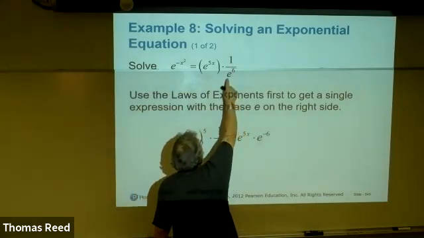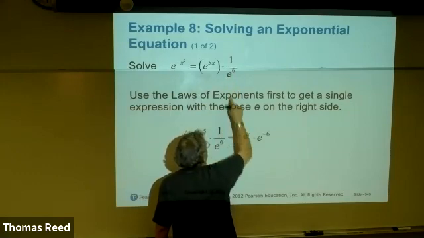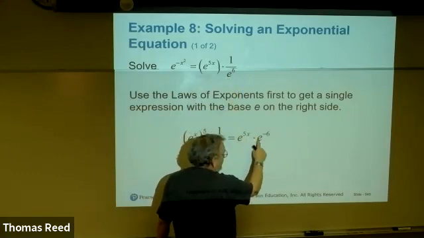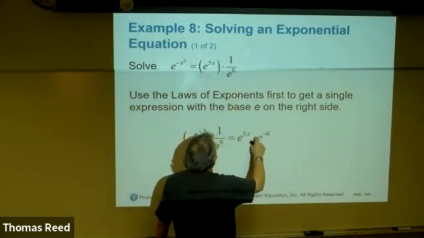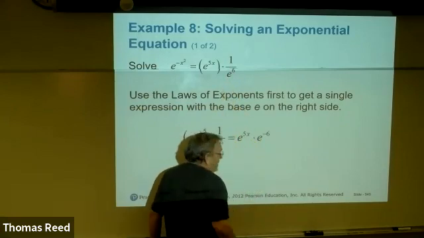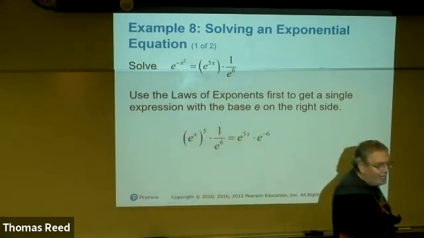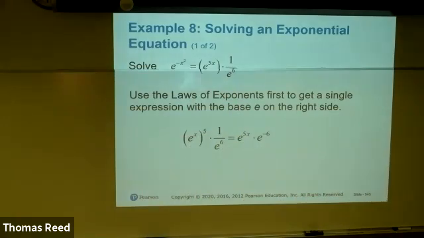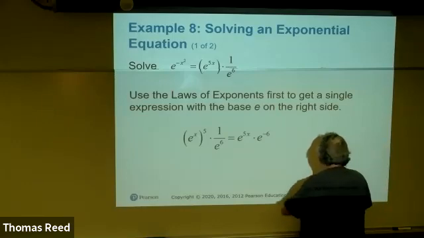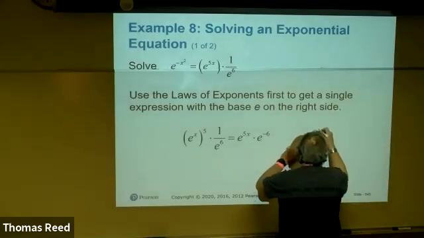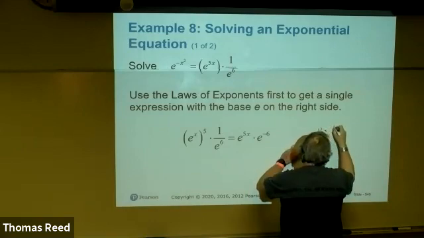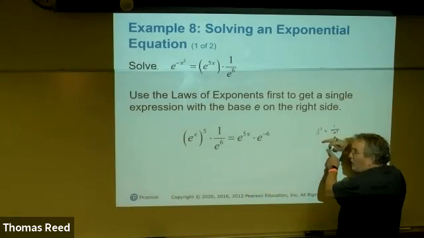So I want to bring this out of the denominator so I can multiply like bases together. So to do that, I have to change my exponent on e to be negative. So then I can pull it out of there. Right? That's using the fact that a to the negative s equals 1 over a to the s. Well, I can go back the other way.